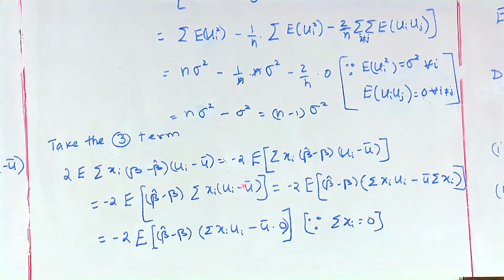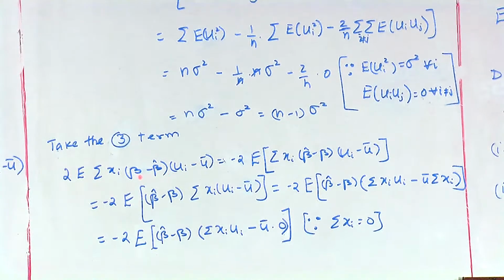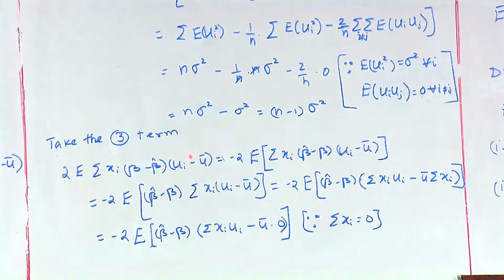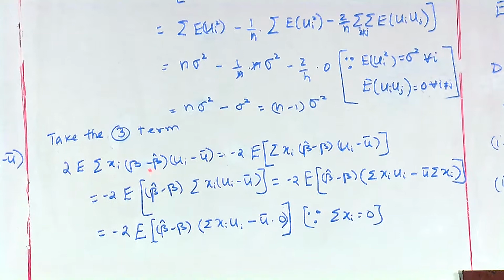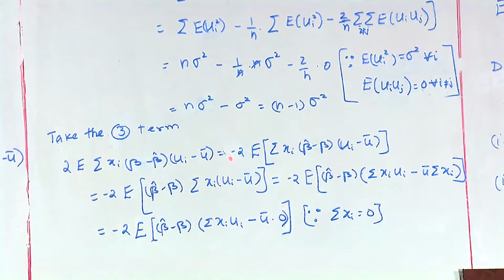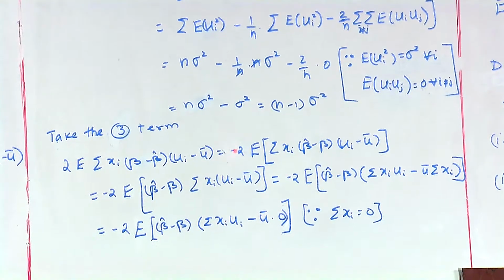So we get this term minus 2. Actually, we are exchanging this: this is (β − β̂), and we take the negative outside, so it becomes (β̂ − β) here. So minus 2 is taken.